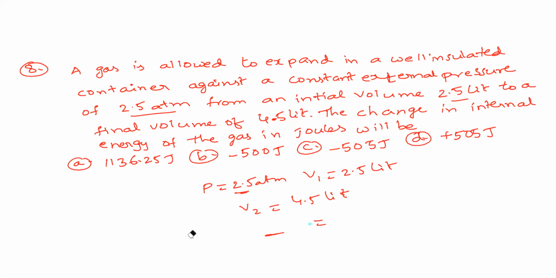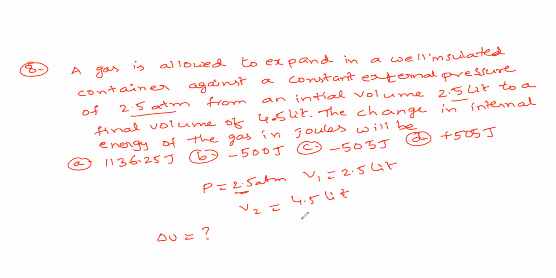Here they are not asking work done, they are asking change in internal energy, because they have not given the number of moles also. So we have to find the change in internal energy.